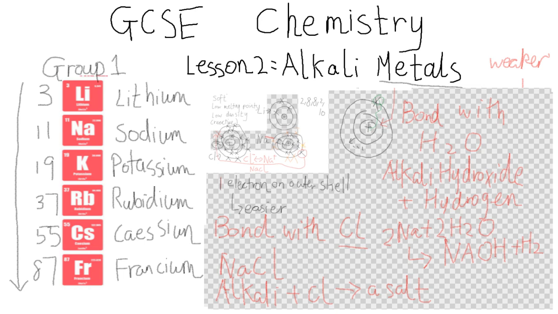Lastly, alkali metals can also bond with oxygen, and there are different types of bonding with oxygen. Firstly, it can become an alkali oxide. For example, lithium plus oxygen becomes Li2O, which is lithium oxide.